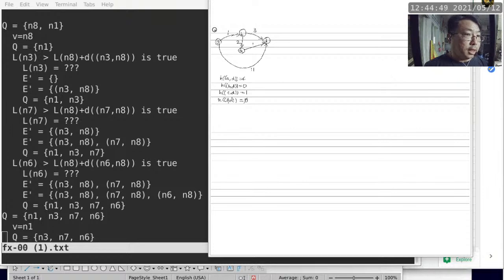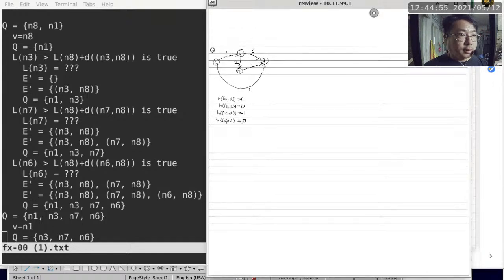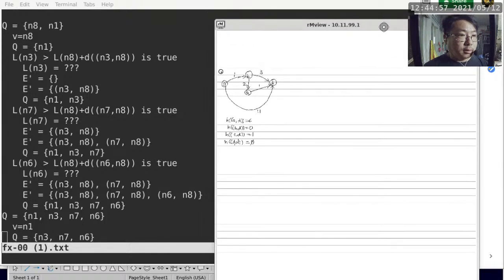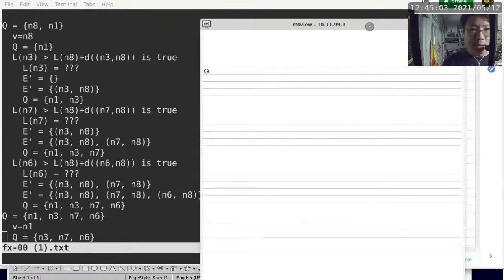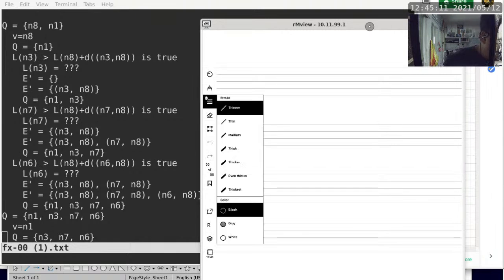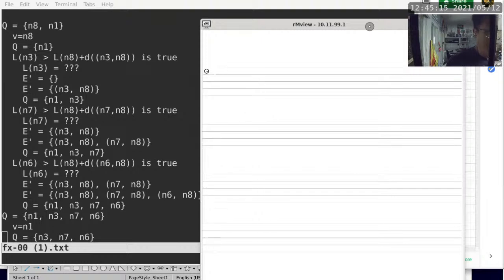And I have to make sure that I am not blocking any part of the graph. So I'm going to move this down a little bit, like so. There we go. All right. And I'm going to start with a new page, and also use a thicker pen because I think this pen is way too thin. It becomes difficult for us to see the actual diagram.